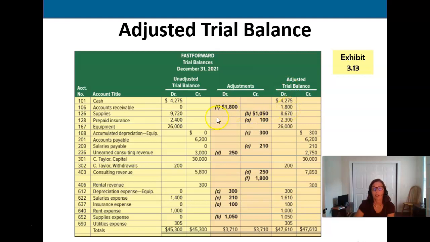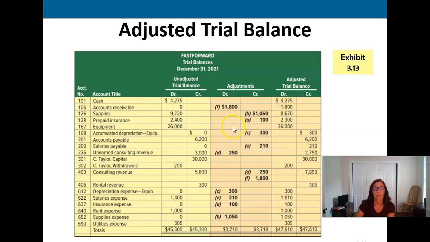These assets listed below, the supplies and insurance at least, are credits, so these are going to decrease the debit balance in these accounts in the adjusted trial balance. So the supplies of $9,720 are going to be reduced by the credit of $1,050 to give us an ending debit balance of $8,670. The same would apply to insurance.